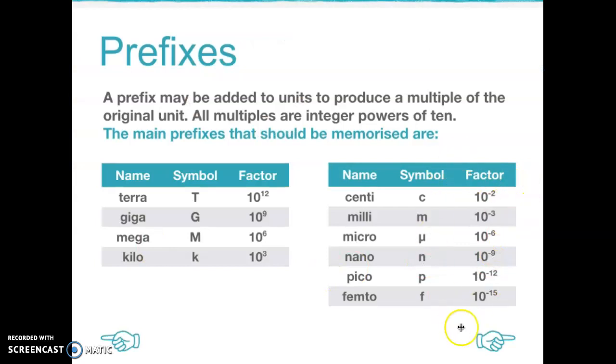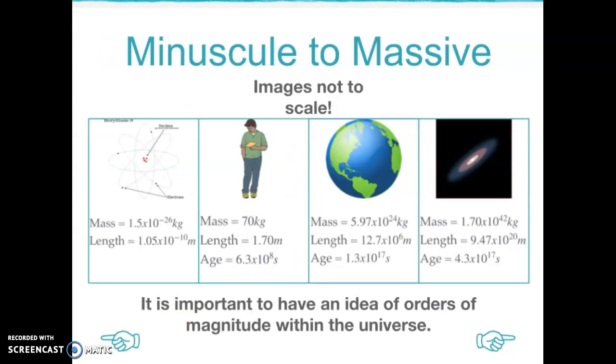These are our orders of magnitude. And what's really unique about physics is that those orders of magnitude are huge in range for when we're studying different areas of the syllabus. So we'll be going to subatomic, 10 to the minus 26, to looking at the absurdly large in astrophysics, which is 10 to the 42.